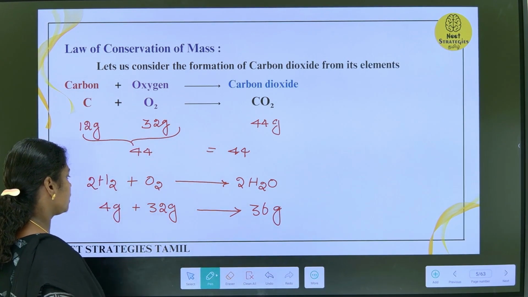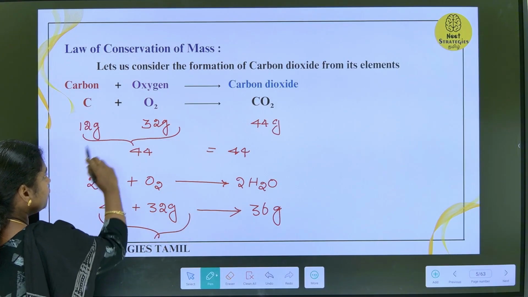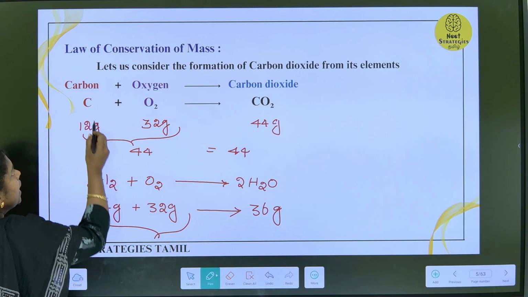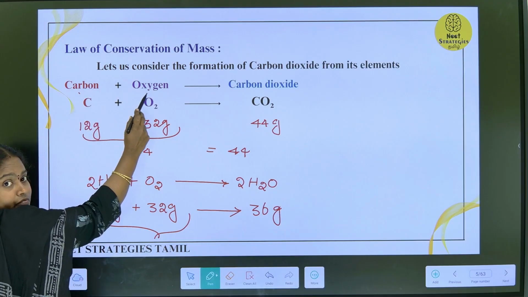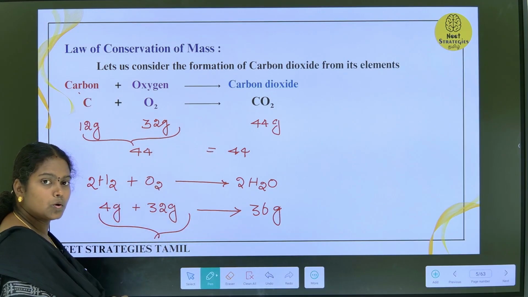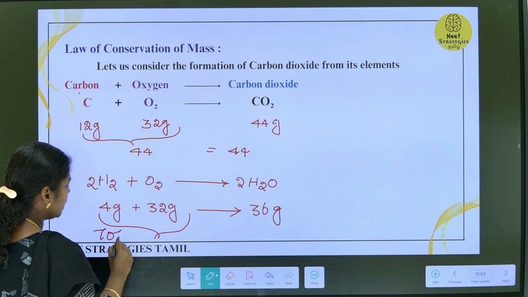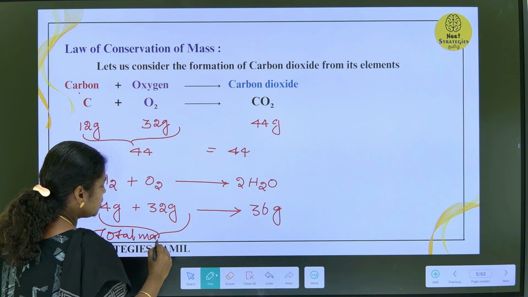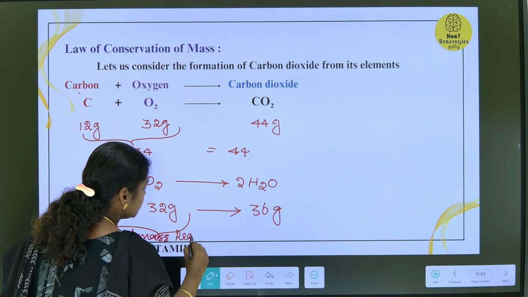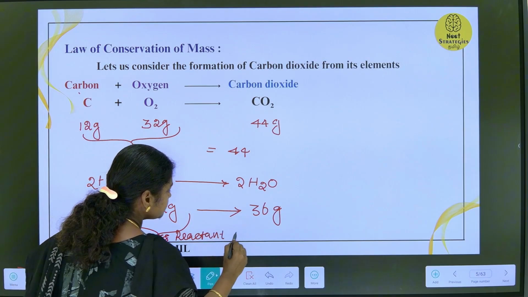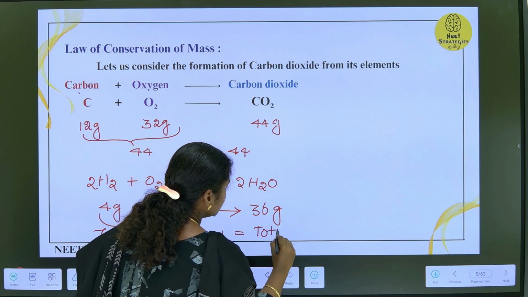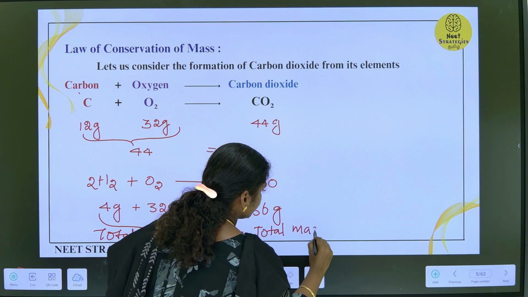So we conclude that the total mass of the reactant becomes equal to the total mass of the product.